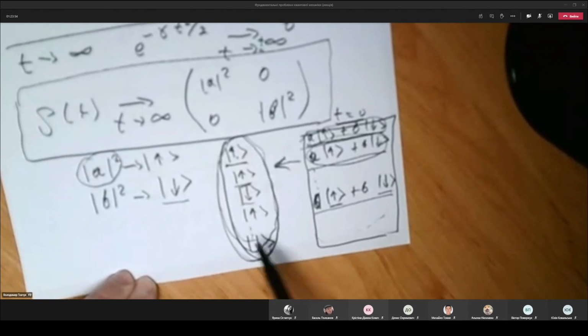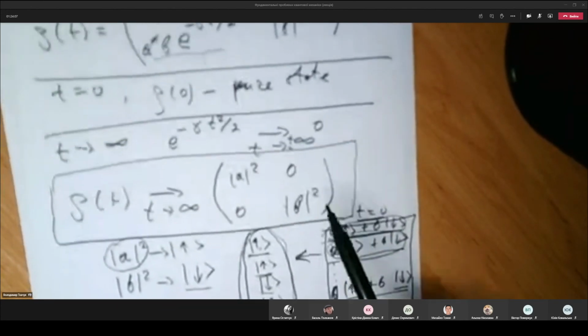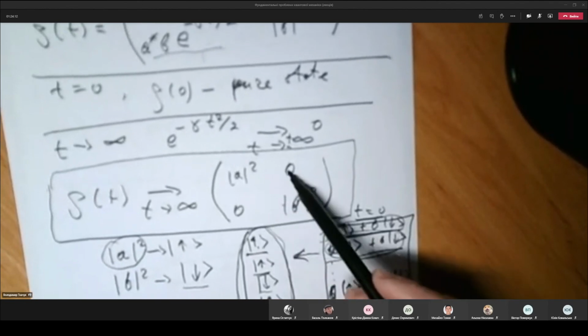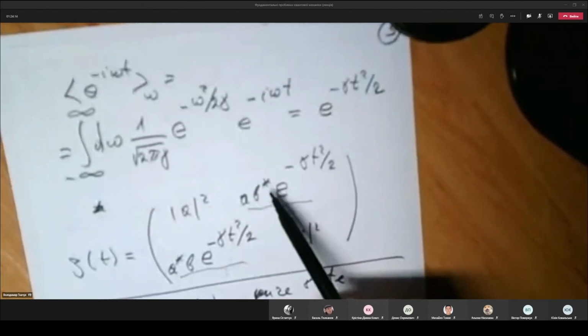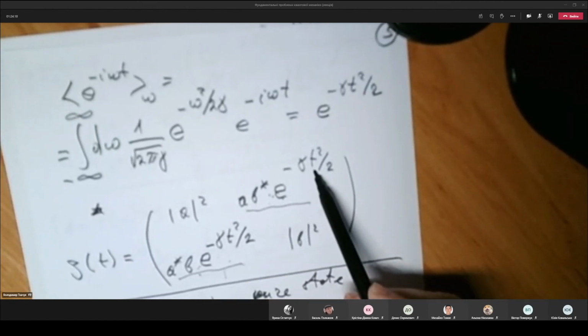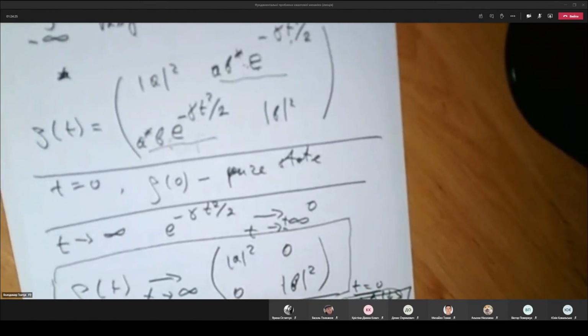We have no coherence, and this state is described by a mixed state, and such a process is called decoherence of quantum state. And here we see that this decoherence is related to these zeros. These elements, this one and this one, tend to zero as t tends to infinity, and just this leads to the decoherence of quantum state.